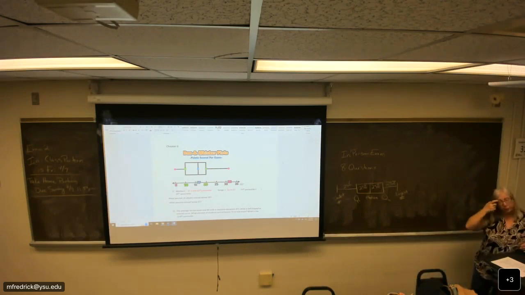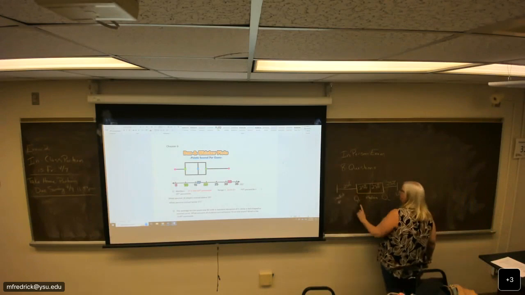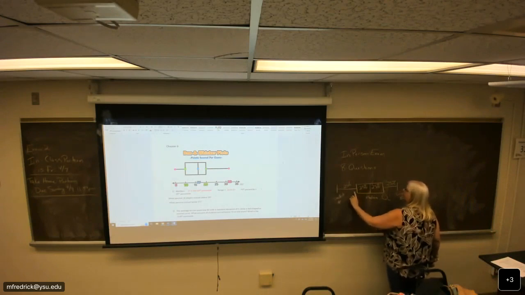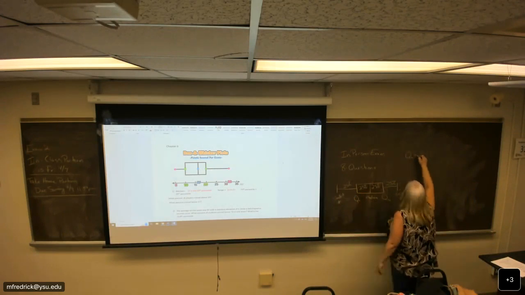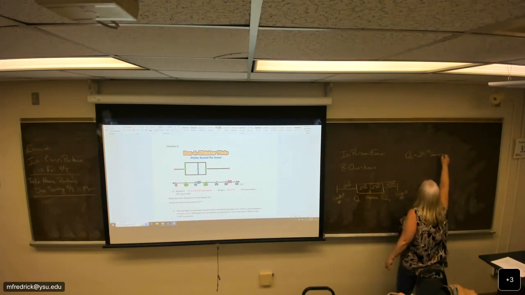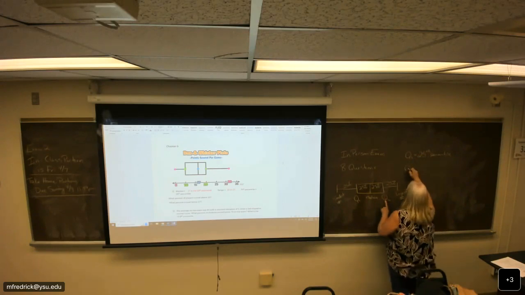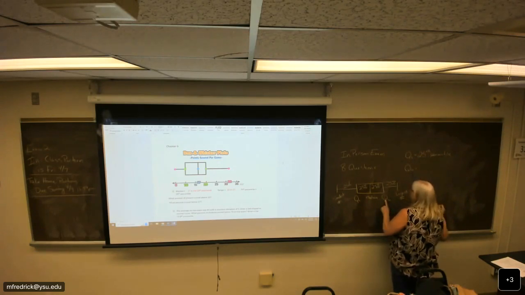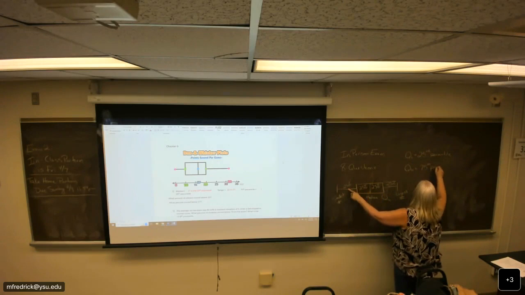So for a box plot, it breaks it into 25% or quarters. Notice the lower quartile has 25% of the data below it. So QL is the same as the 25th percentile. QU, 25, 25, and 25 makes 75, so it's the 75th percentile.